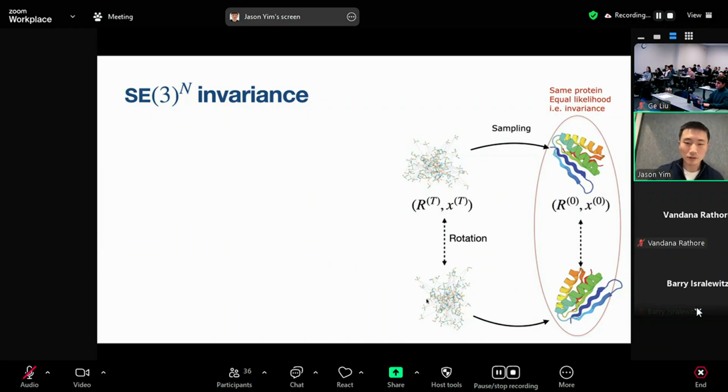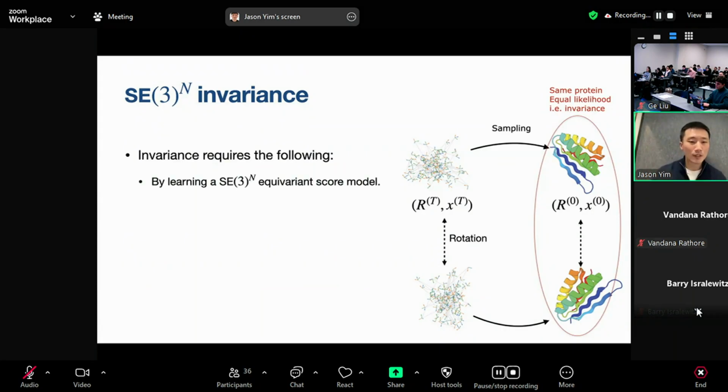But if I rotate this noise, then the sampled protein should also be rotated. This is desirable because if you don't do this, then the model is going to have to learn a much more complicated neural network function that has to map every single rotation of the noise to the same protein, and that is not very efficient for a neural network.